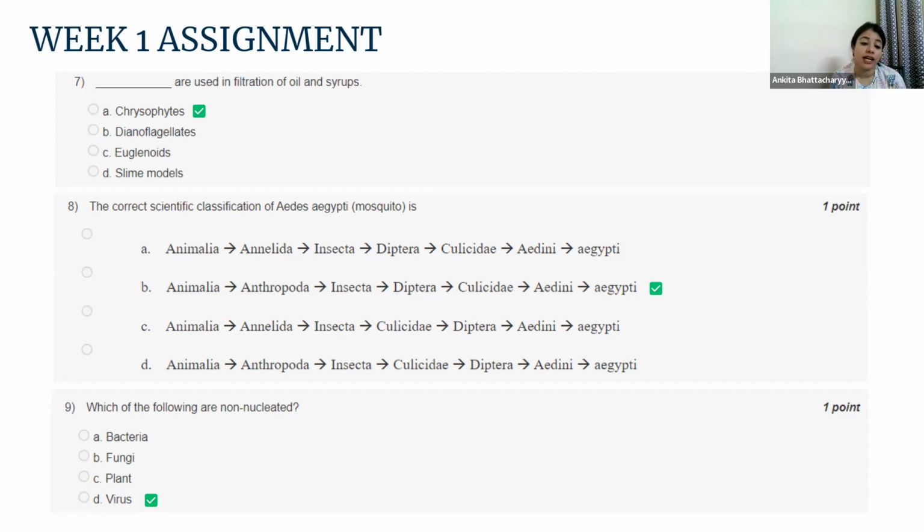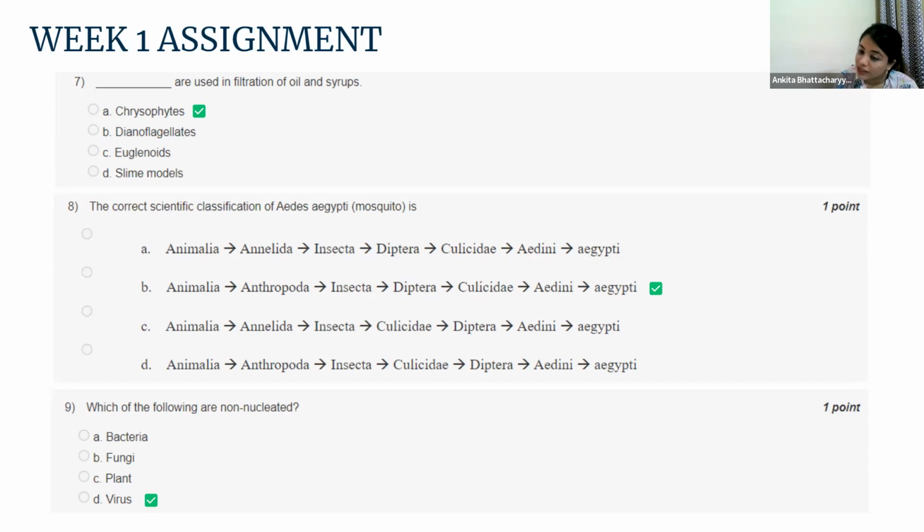Then coming to question number 9, which of the following are non-nucleated? A strange question, because saying non-nucleated eliminates a lot of options. We have bacteria, fungi, plant, and viruses. Obviously bacteria have a nucleoid, which we discussed extensively for week 3 sample questions as well.